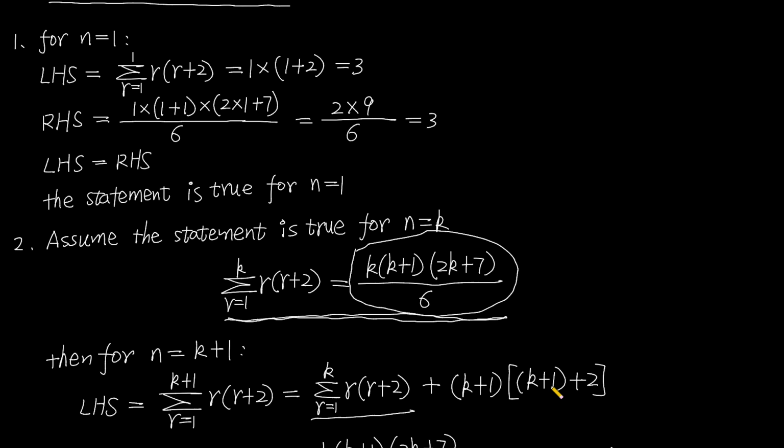Since it is really true for n equals 1, it is really true for n equals 2. Because it is really true for n equals 2, it is really true for n equals 3, and so on. In this way, we prove that the statement is true for all n belonging to positive integers.